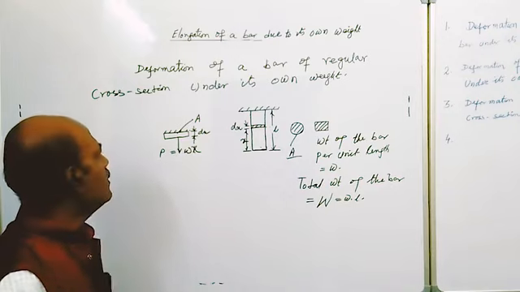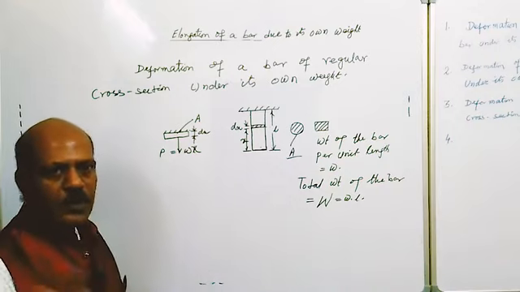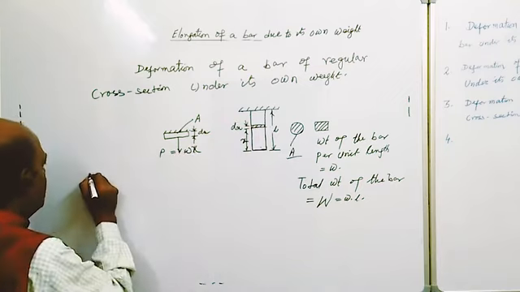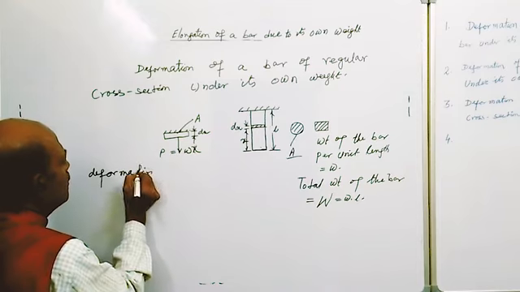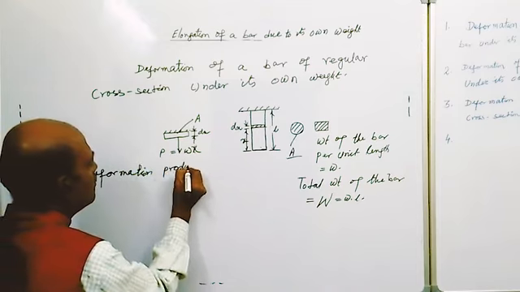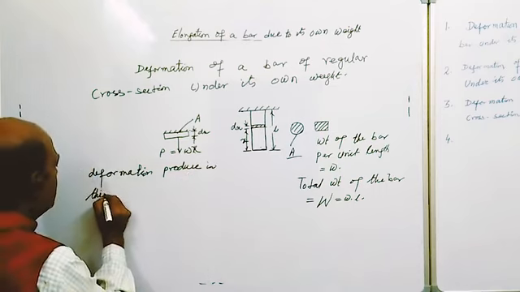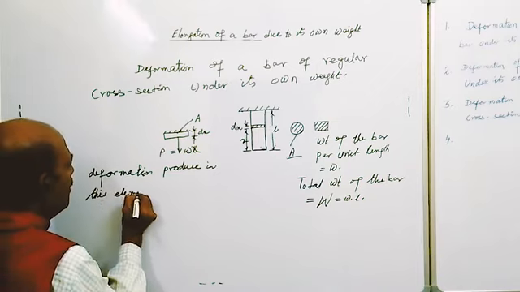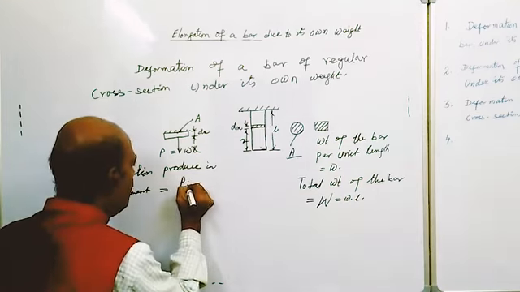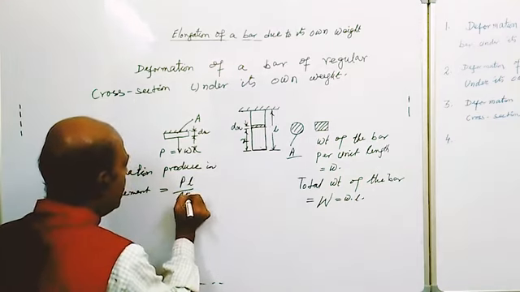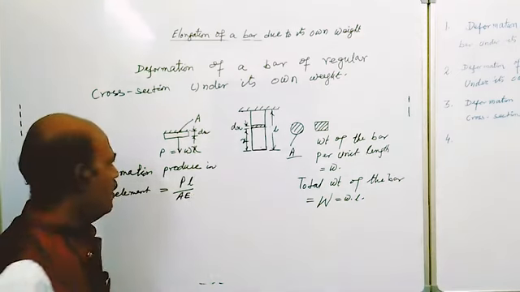Cross sectional area is A. So the deformation produced in this element is given by, we know, P into L by A into E, where E is the Young's modulus of elasticity of the material of the bar.